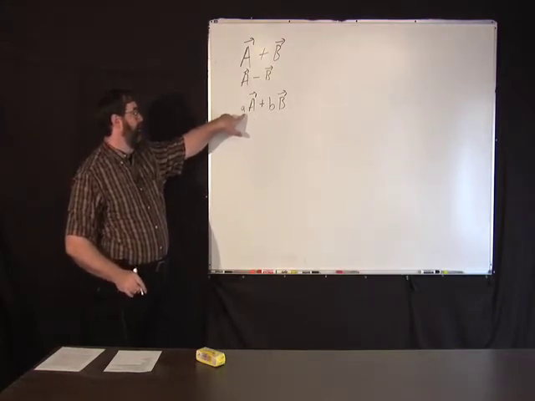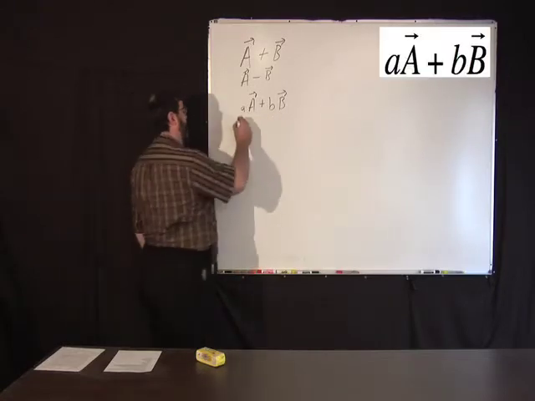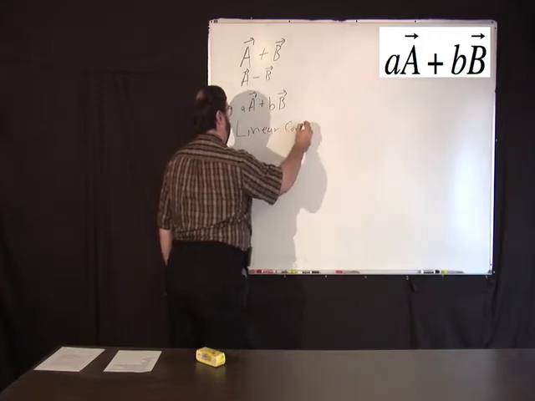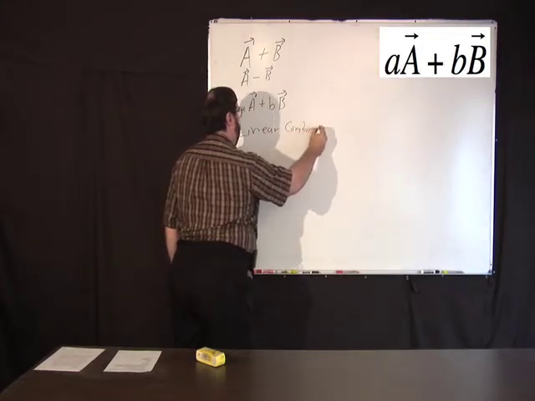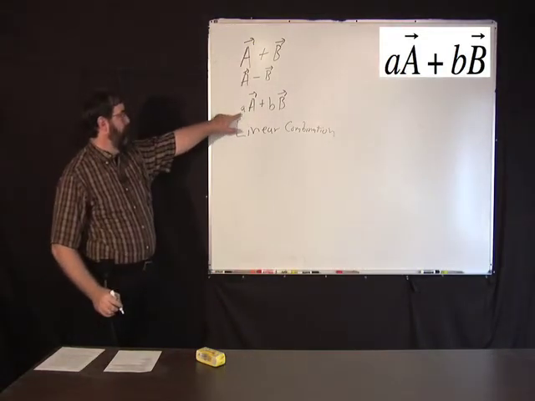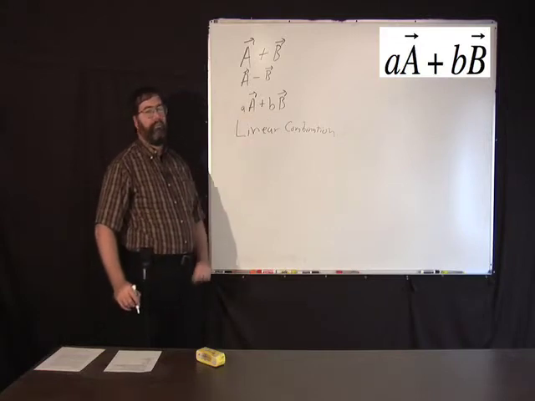This is called a linear combination. So any vector of this form is a linear combination of two vectors.